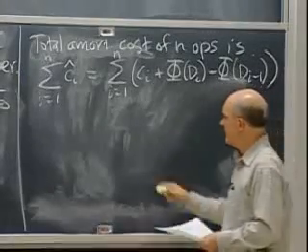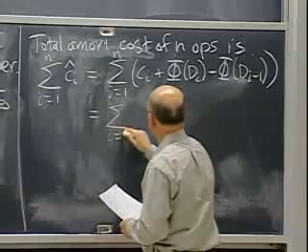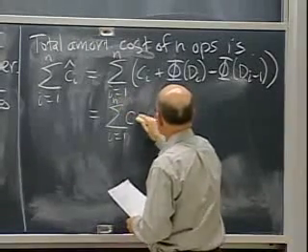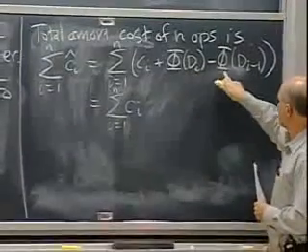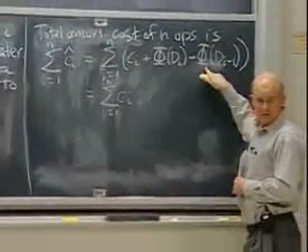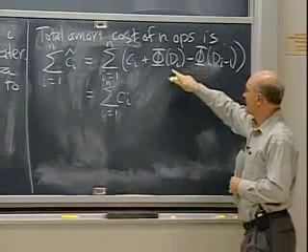And that's equal to the sum of ci. And now what happens when I sum up these terms?